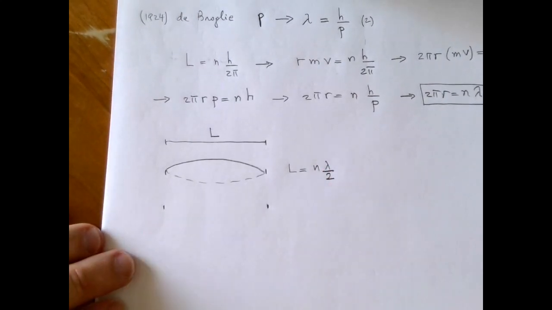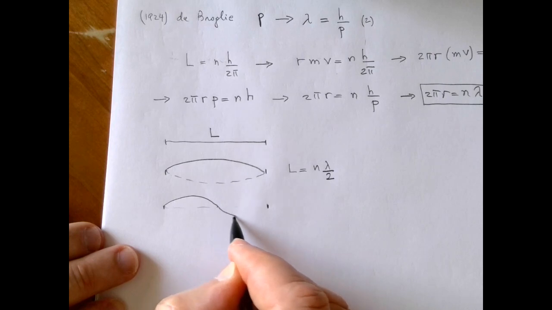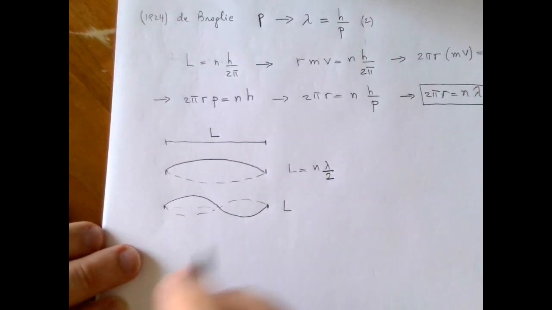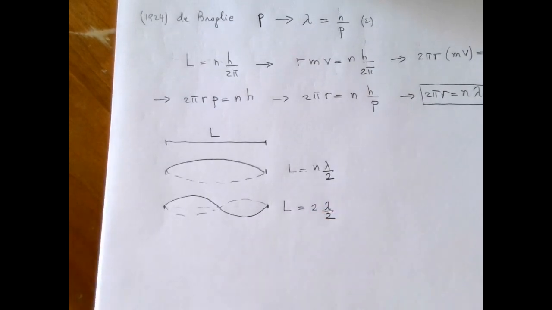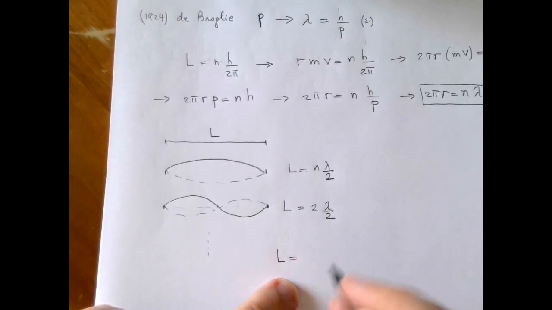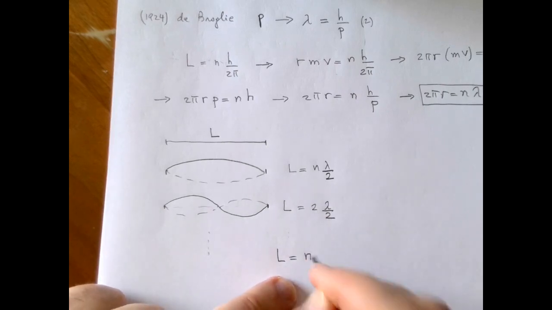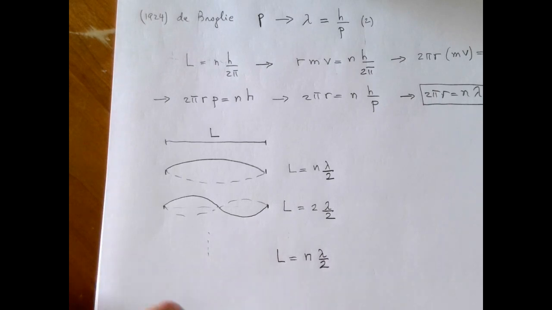This was the fundamental. If we went to the second harmonic, when it looked like this, we said that the length of the string is 2 half lambdas, and so on. So overall, we said that the length of the string is an integer multiplied by half lambda.